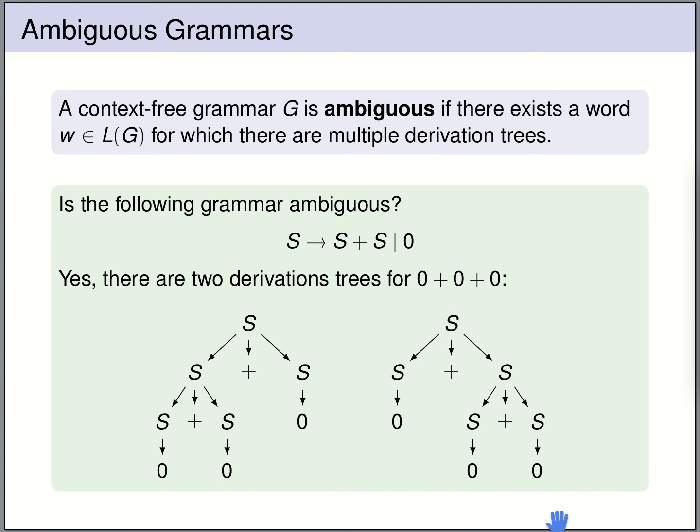And here we basically have the same, but now we did not replace the left S, but we have replaced the right S by S plus S, and we have replaced the left S by 0. And also this tree, if we read the leaves, we get 0 plus 0 plus 0. So these are both derivation trees for the same word. This grammar is ambiguous.